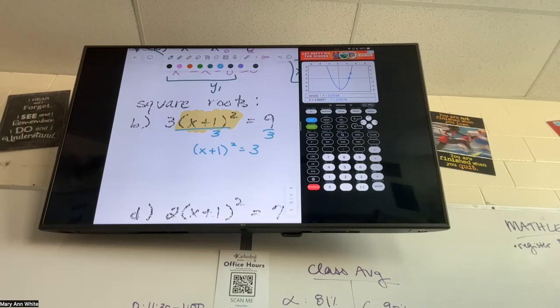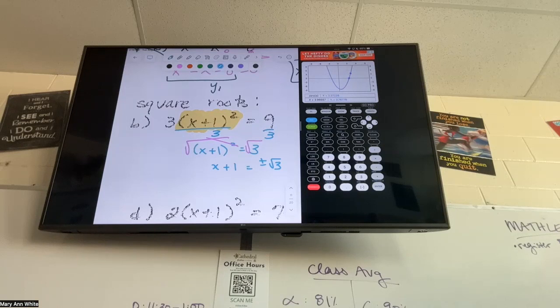Now, I know it's ugly, but I want you to square root both sides. The square root cancels the square, so I'm left with just x plus 1. Now, you cannot simplify radical 3, do not put that in your calculator, but don't forget that we have to have plus or minus radical 3 as part of my answer.